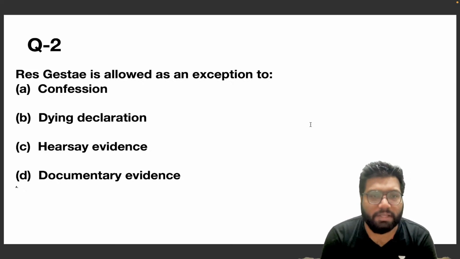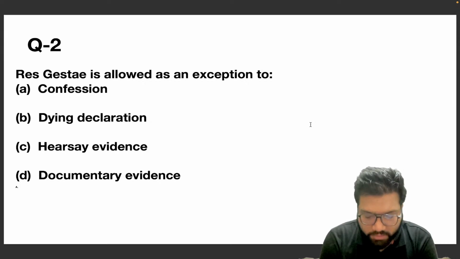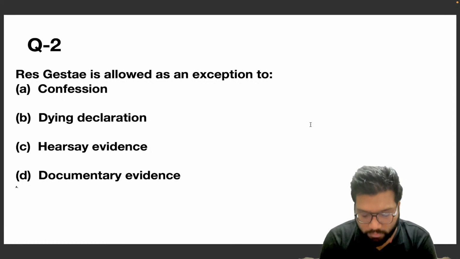I hope the question is clear to everyone. So if you have answered hearsay evidence, I'm just asking about the reasons. Why? Kirti, you have to explain that. Students, try to learn to use the important key terms to complete your answer.